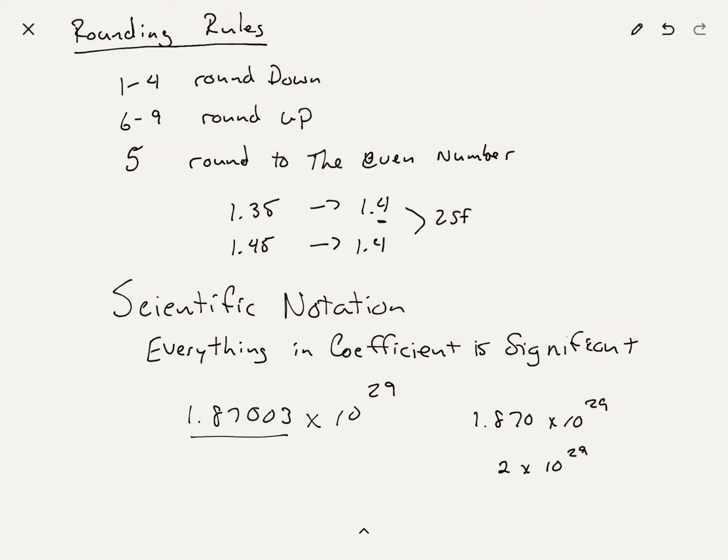So scientific notation is a great way to put your answers in with the correct number of significant figures and to be confident that that is your answer. You just have to make sure that you do your scientific notation correctly.